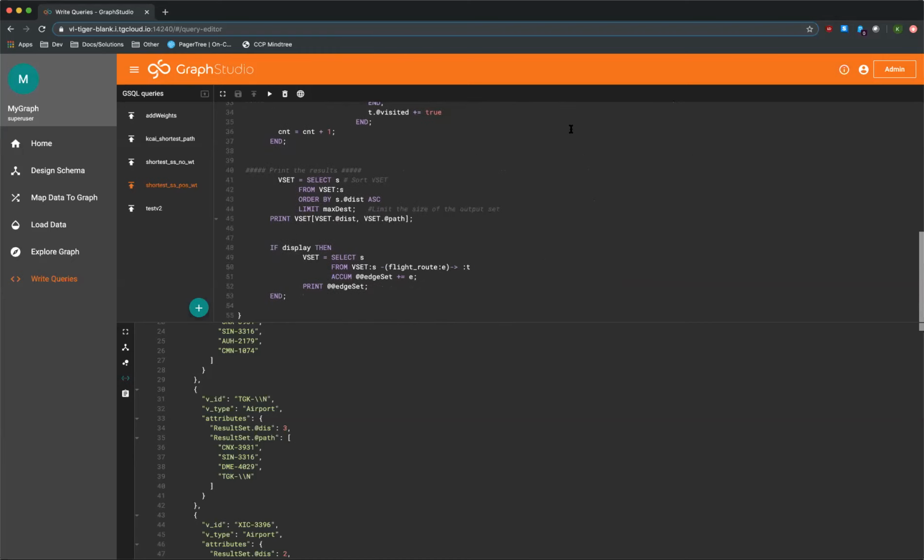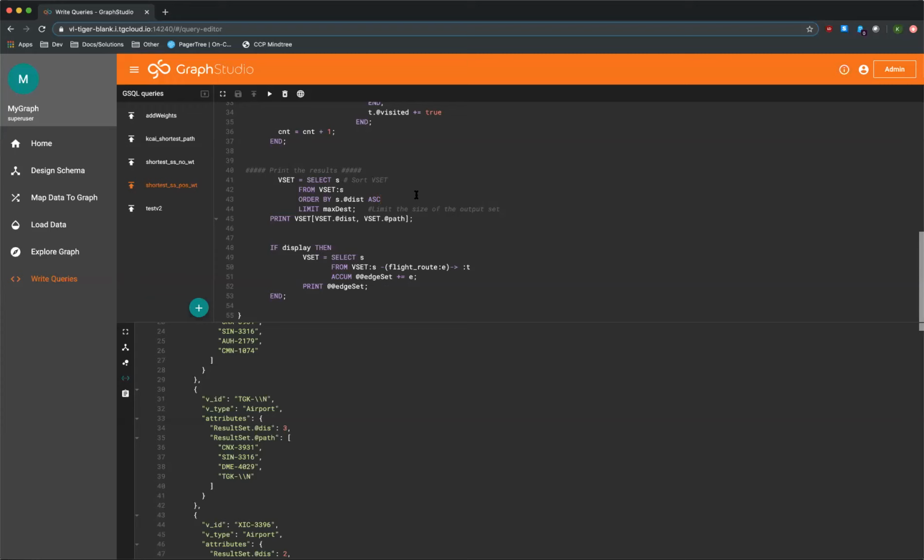If you look at the code right there, you'll see a couple comments, sort vset. Those 4 lines from where it says vset equals select s down to the limit, I just added so that the output result is sorted. You probably recognize the order by and limit from SQL. That's showing you how similar G-SQL is to SQL. And that's where the max destination limit is used.